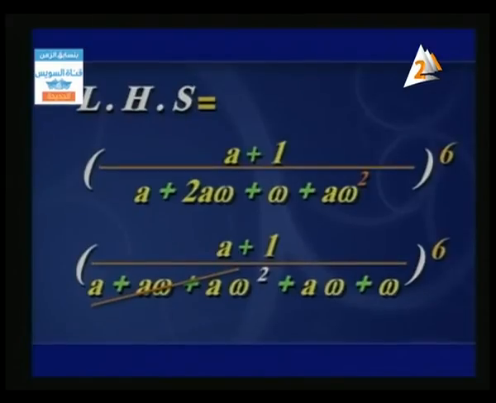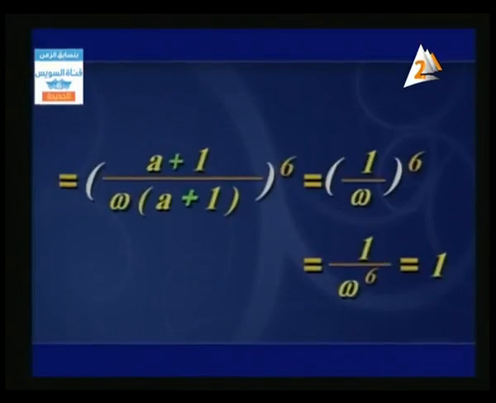And a + aω² equals 0. Therefore, ((a + 1)/(ω(a + 1)))^6 equals (1/ω)^6 after cancelling a + 1 with a + 1, which equals 1/ω^6 equals 1.